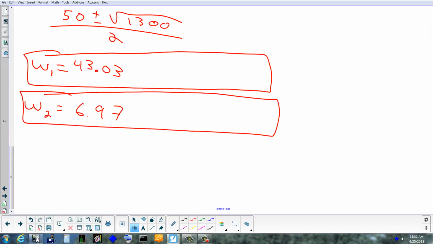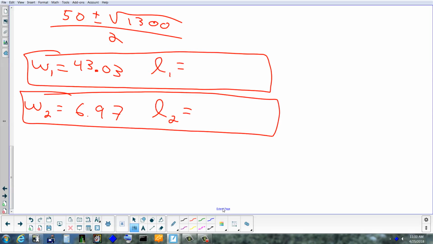So we're finding a rectangle, and I've got the width. What else do I need? I need the length. So let's find the first length and the second length. Any questions on how I got those two widths? Just a quadratic formula. Okay.